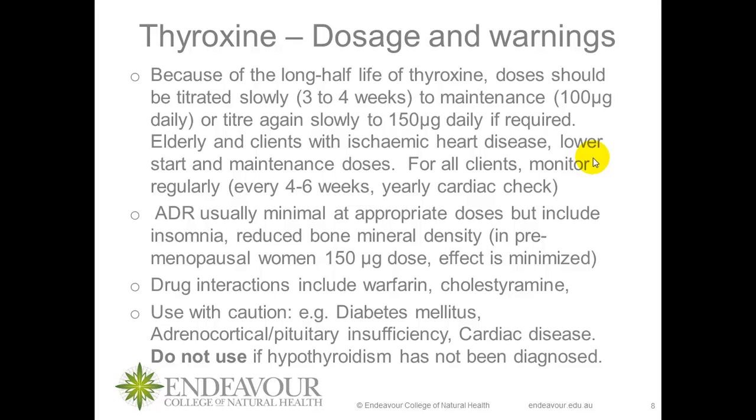T4 is metabolized to T3 by deiodinase, and reverse T3 is an almost exact mirror image of T3. It will affect the receptor for T3, but it has absolutely no potency at that receptor, so you would recognize reverse T3 as a competitive inhibitor.